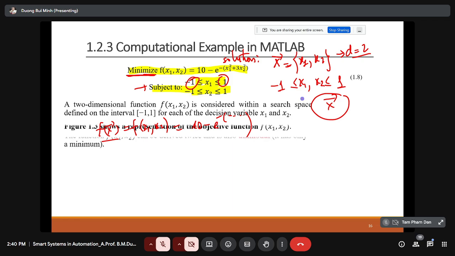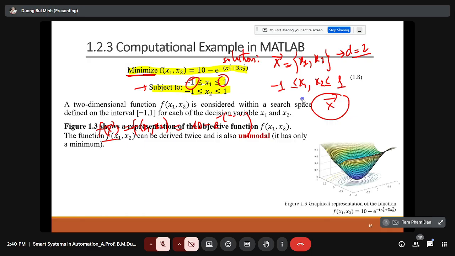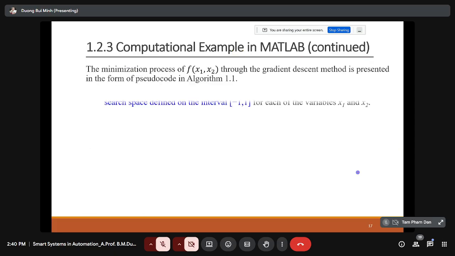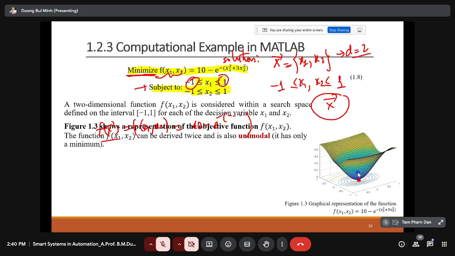So how can we do this? If you draw the curve of f(x), you get this, and here is the minimum. And then we can find x1 and x2.